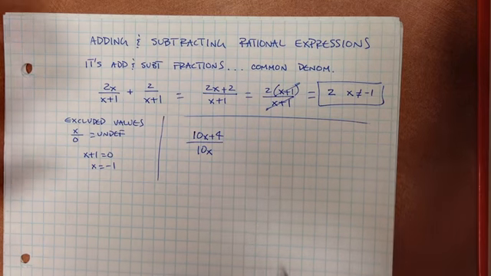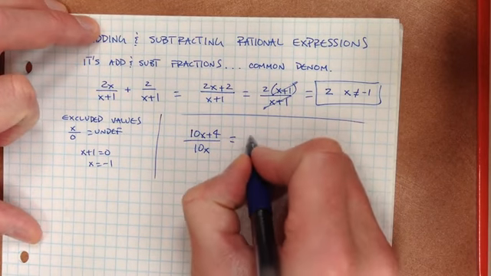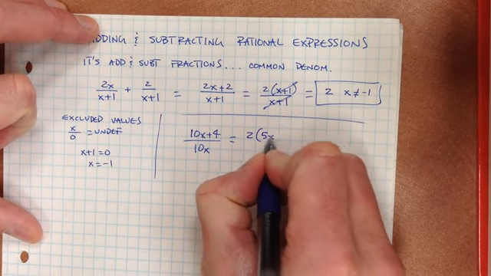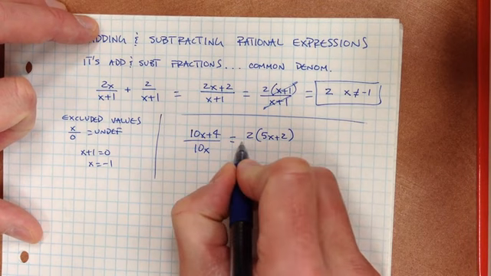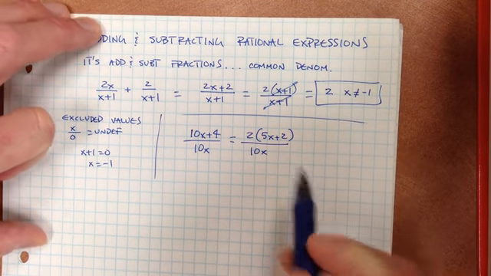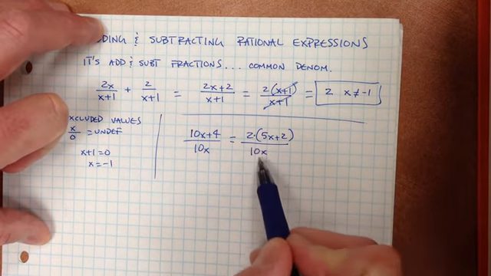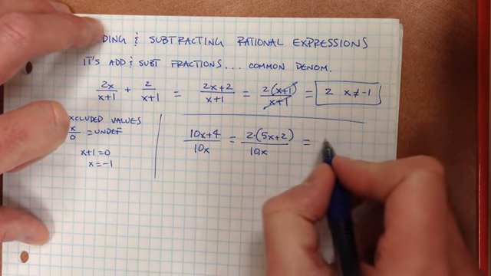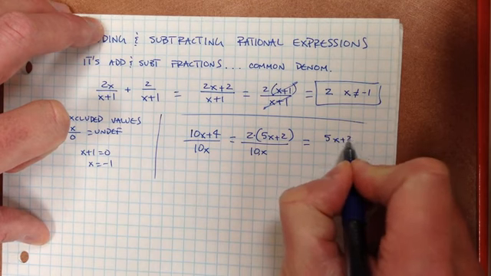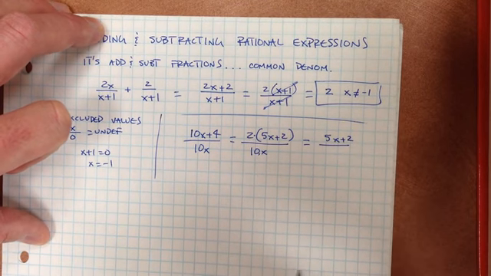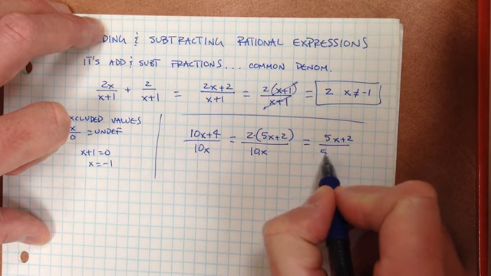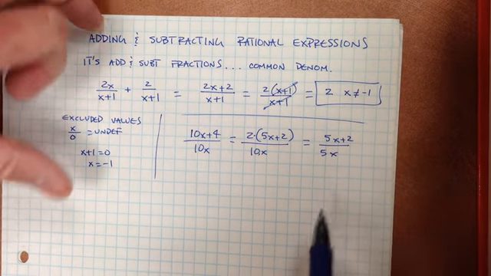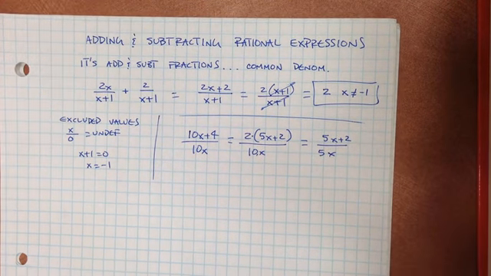So the only thing that you could do here would be to factor a 2 out of the top, leaving you with 5x plus 2 over 10x. Now you're able to cancel the 2 and the 10. So you would be left with 5x plus 2 over, well, 2 and 10 reduces to 1 over 5, and don't forget your x, and you're done. You cannot cancel that. So just stop right there.